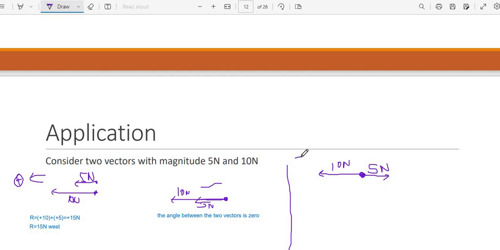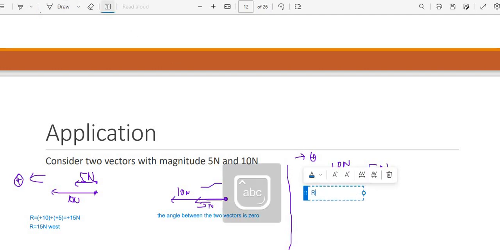So this time around, I am going to take east as positive. If we try to find the resultant, it will be positive 5 plus, that one is in the west, so it will be negative 10 newtons. The answer will be negative 5.